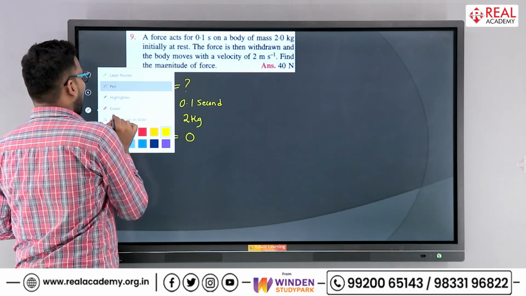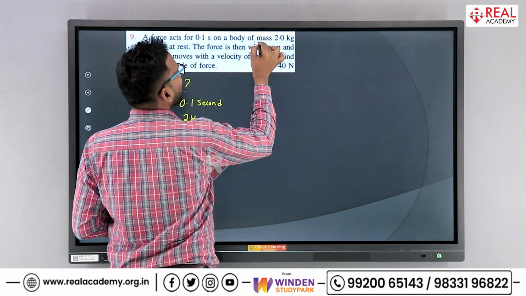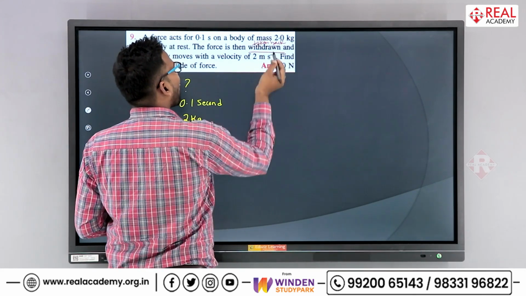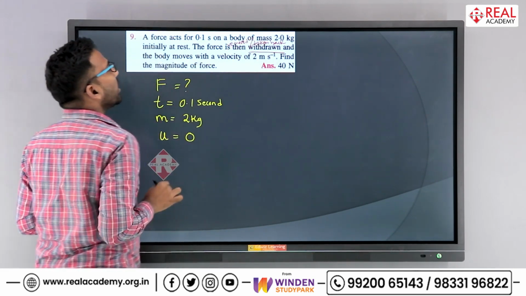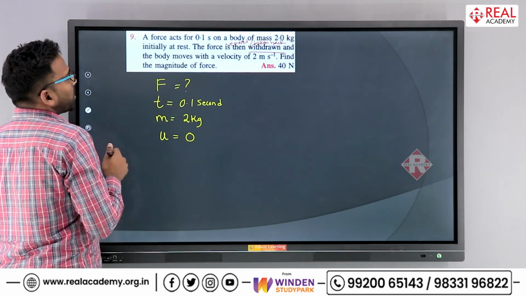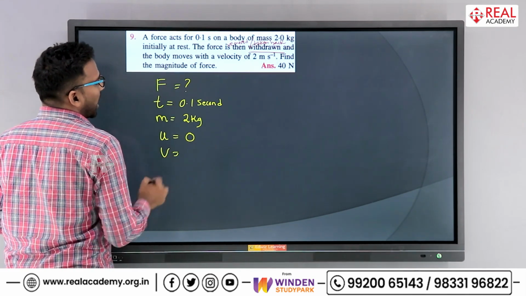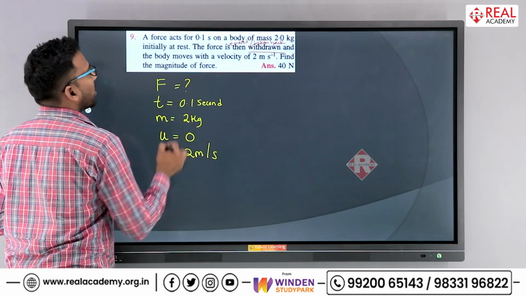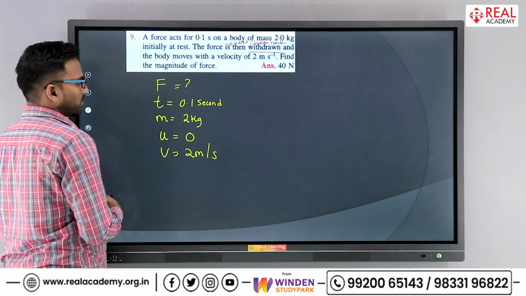Withdrawn means it is taken back, or we can simply say the force is removed. The force is then removed and the body moves with a velocity of 2 meter per second. That means the final velocity after removal of force is 2 meter per second. Find the magnitude of force.